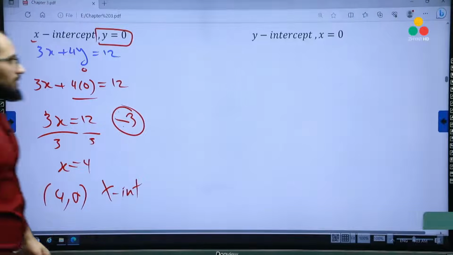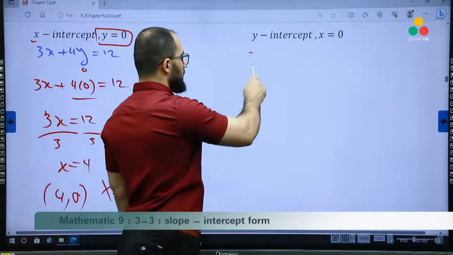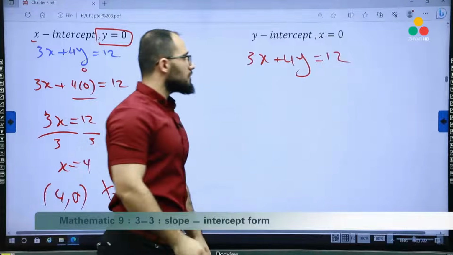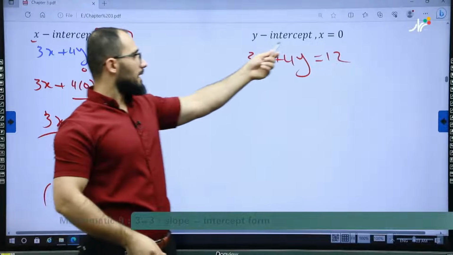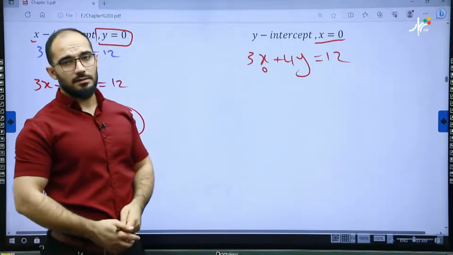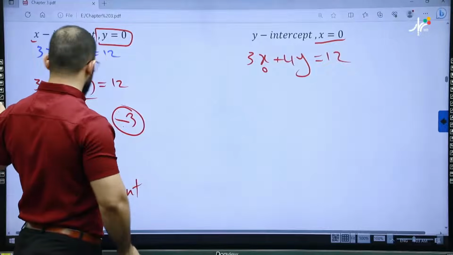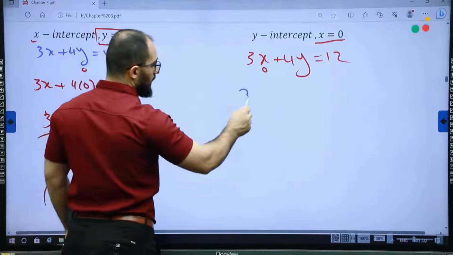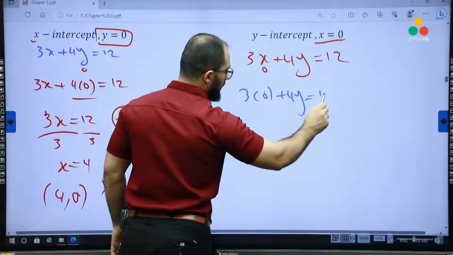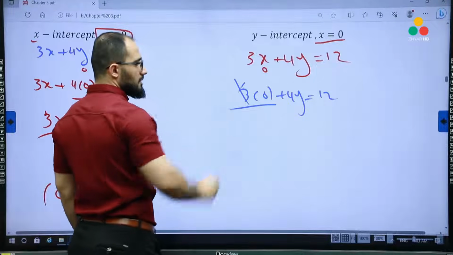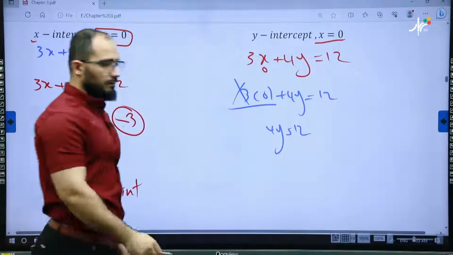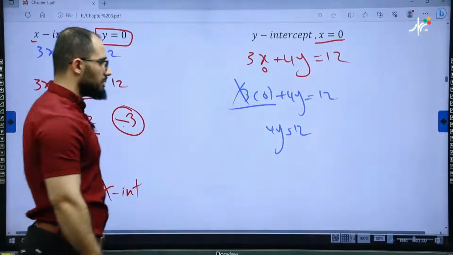This is the x-intercept. But for the y-intercept, 3x plus 4y is equal to 12. In the y-intercept, x is equal to 0. It means 3 times 0. That's why we write 3 times 0 plus 4y is equal to 12. 3 times 0 is equal to 0, we don't write it, so 4y is equal to 12.